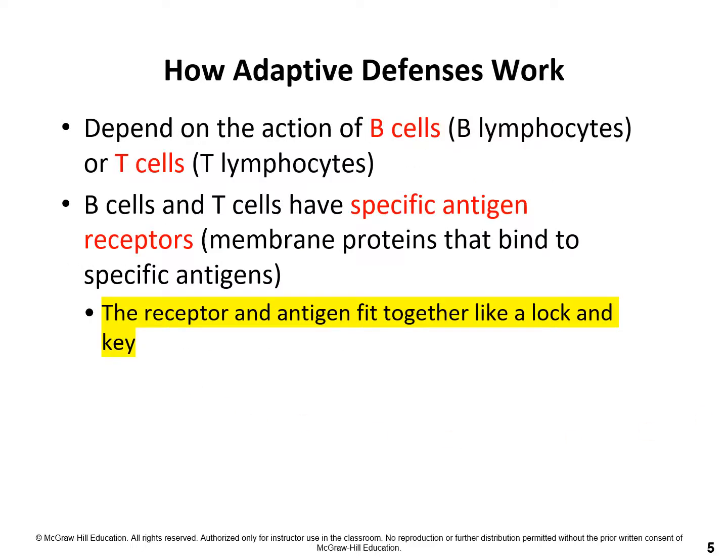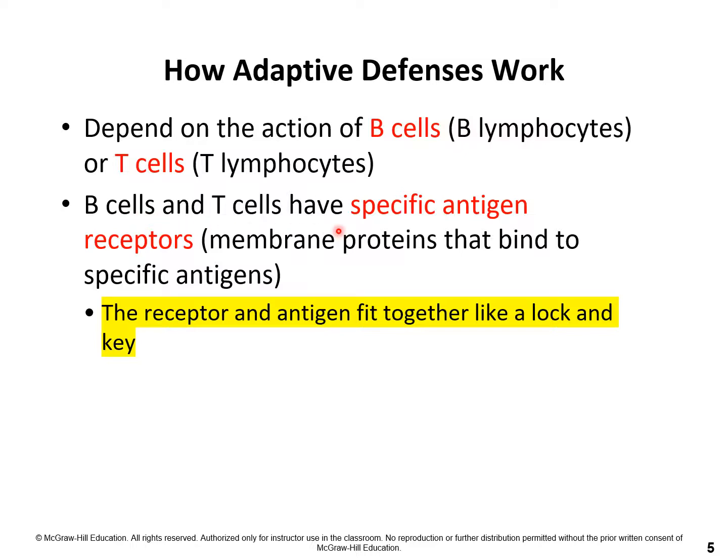The adaptive defenses work by coordinating the cell-mediated immune system with the humoral-mediated immune system. And these adaptive defenses are going to depend on the action of the B lymphocytes or B cells, as well as the T lymphocytes or T cells.